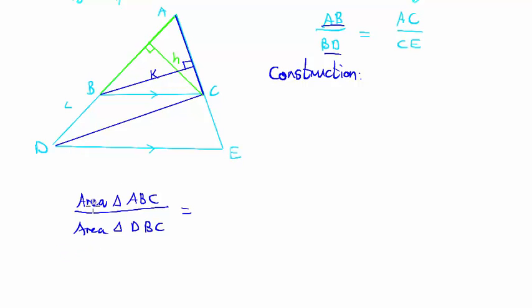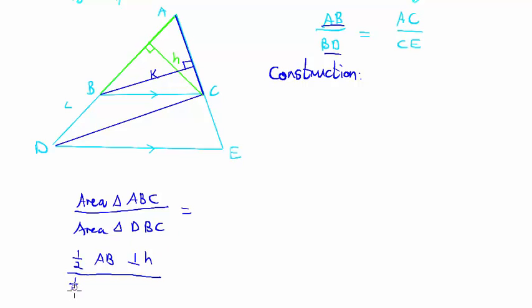So, for example, this triangle ABC is going to be half the base, which is AB, times the perpendicular height, H. And then I'm going to divide by the area of DBC.